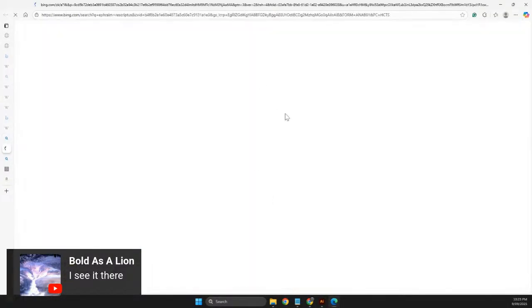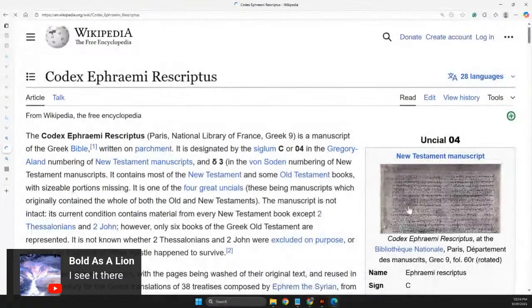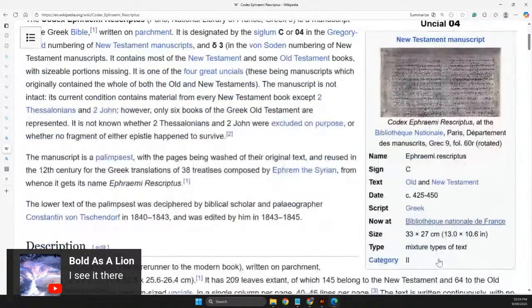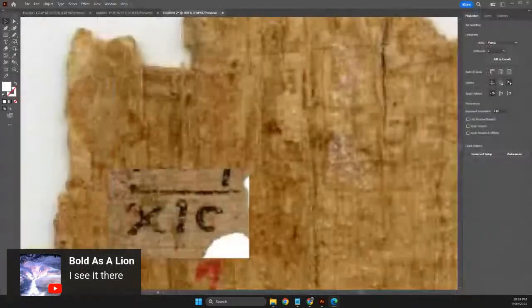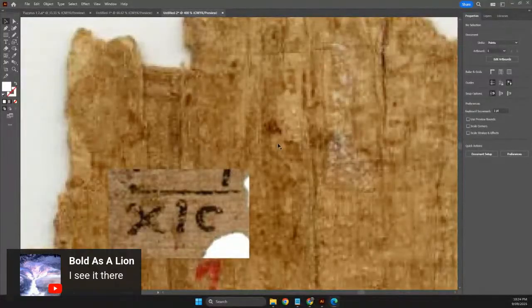Here we go. So Ephraemi Rescriptus has it spelt out. Okay, the date of this is 425 to 450. So I have the oldest 616 reading of any manuscript, but it's actually not in the text. It's the paratextual features, which is interesting. It's very interesting. But why? Why would someone write 616 there? Are these just sermon notes? Is someone just writing this out as a sermon's going? Or why would they have 616 here?